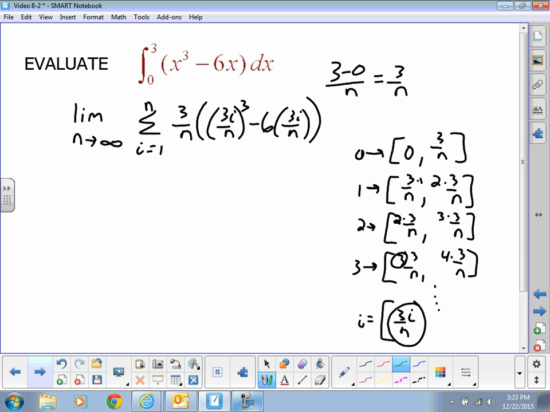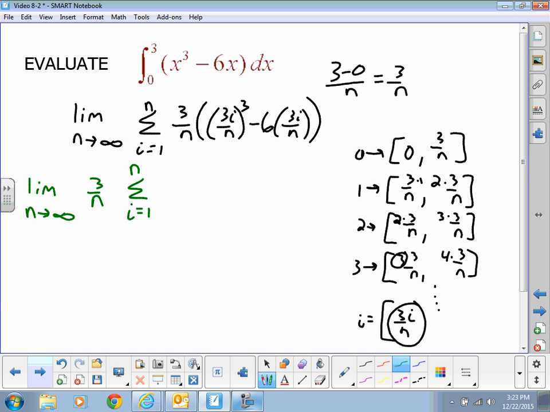Well, now we're going to use our summation rules. So we're going to do the limit as n approaches infinity. Well, n is some constant number. It's our number of rectangles, so 3 over n is a constant. So we can pull that out in front of our summation. Then we'll have the summation of i equals 1 to n.